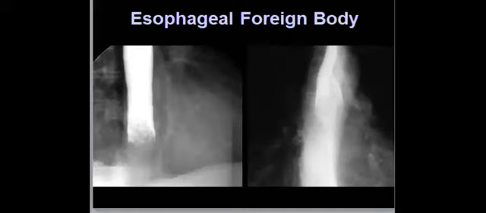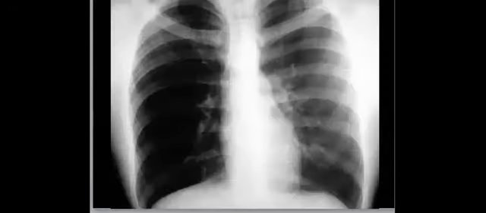Let's show you something until I prepare something else for you. What do you think about this case? And again, is the pathology in the right side or in the left side?